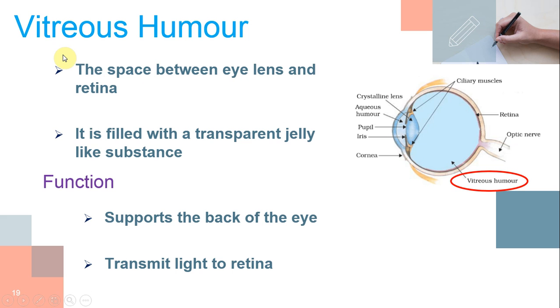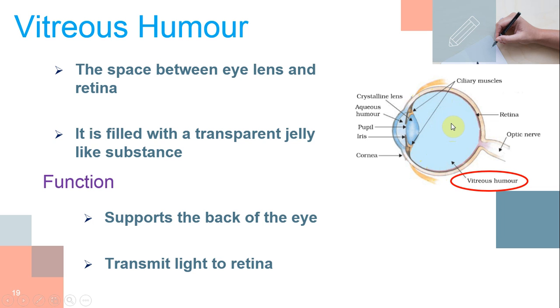Next one, vitreous humor, the space between the eye lens and retina. This space is called vitreous humor. It is filled with a transparent jelly-like substance. This blue shade is all jelly-like substance.